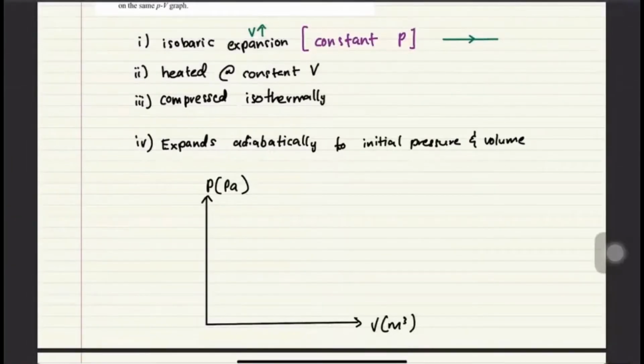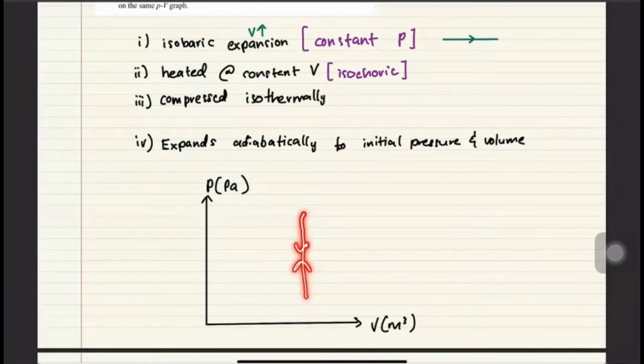Okay. Number 2. Dia kata heated at a constant V. So this one is actually isocoric. Betul. Okay. Isocoric. Constant V. So maksudnya dia punya line tu ke mana? Vertical kan? So it will be a vertical line. Is it ke atas ke bawah?